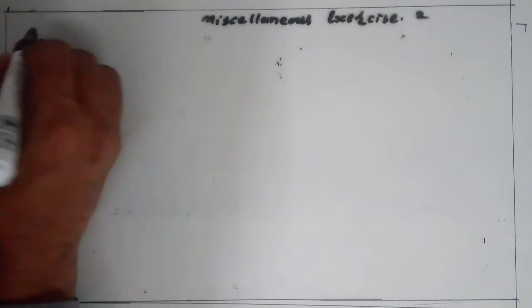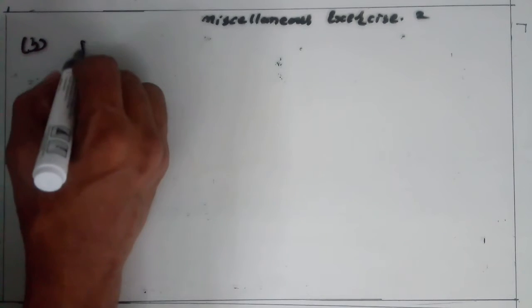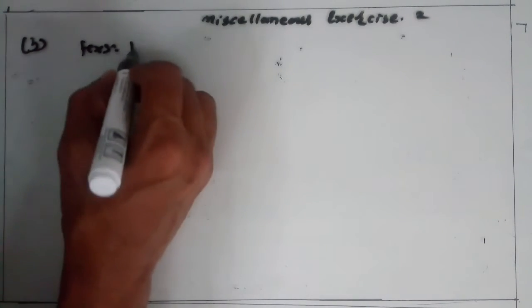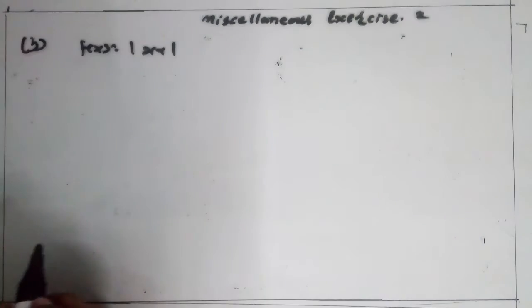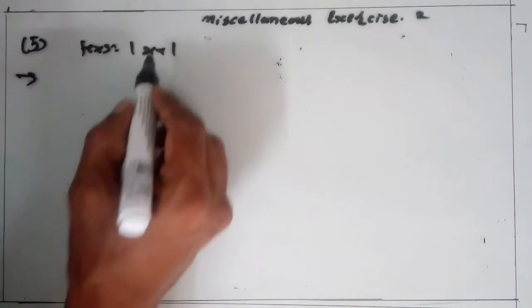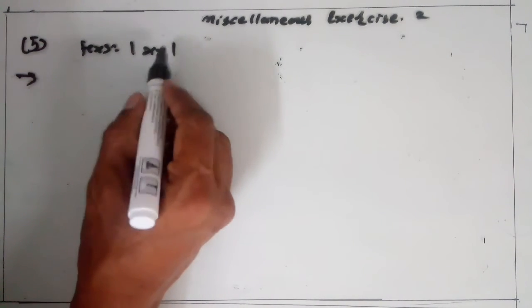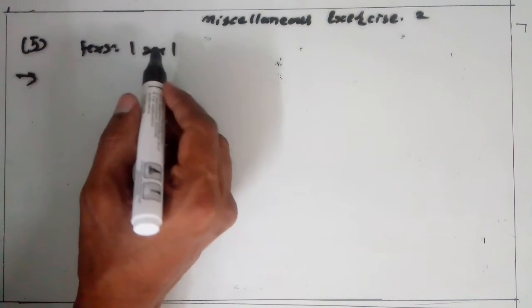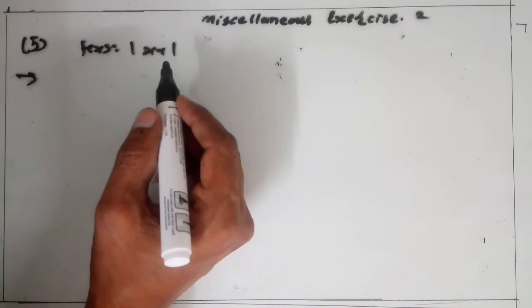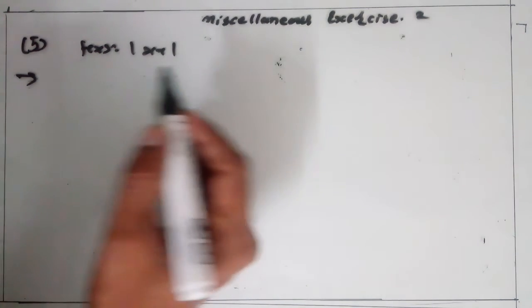Now next, number 5. Find the domain and range of the real function f(x) is equal to mod of x minus 1. Think how to find this domain and range. Here mod of x minus 1 is defined for every real number. So what do you say about this domain? Domain is R. Clear?